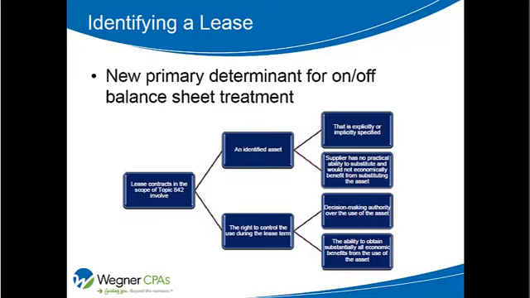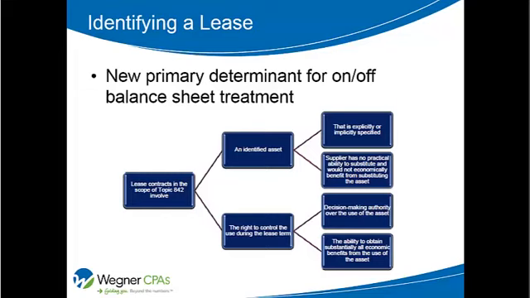And then the other piece that has to be true is the supplier has no practical ability to substitute the asset, and they would not economically benefit from substituting the asset. So an example, again, using the car, it would be very difficult for them to substitute one car for another car without the person knowing it, right?